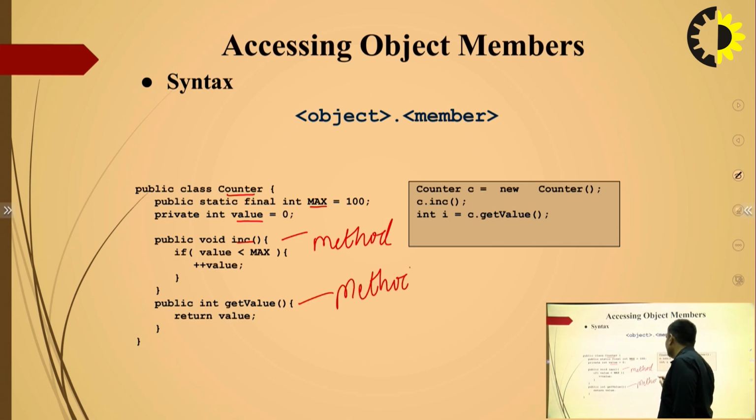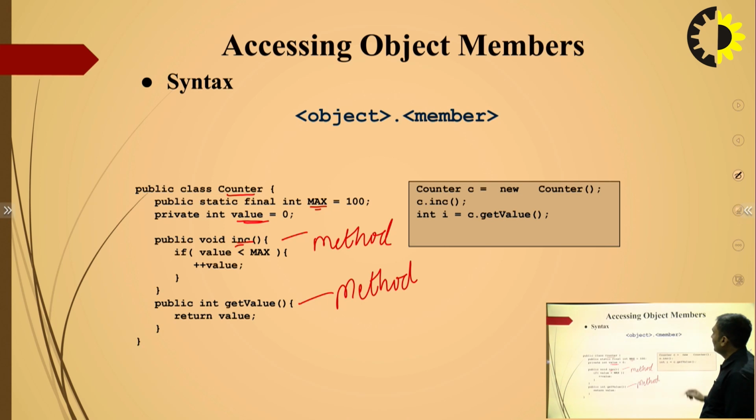Now to access these attributes and methods, I first need to create the object of the class. To create the object of the class, there is a syntax: class name, object name, new keyword, then the constructor of the class.